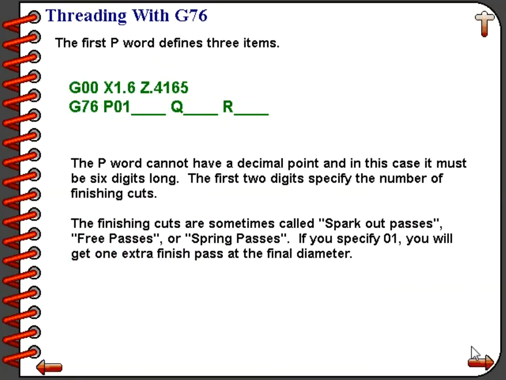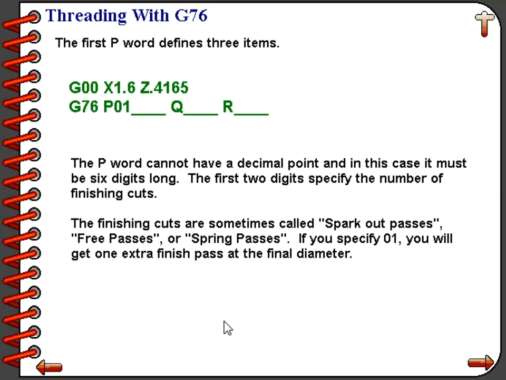The first P word in the G76 cycle will actually have 3 different items defined by it. The P word cannot have a decimal point, and in this case it must be 6 digits long. The first 2 digits, as we have shown here, P01, would specify the number of finishing cuts.